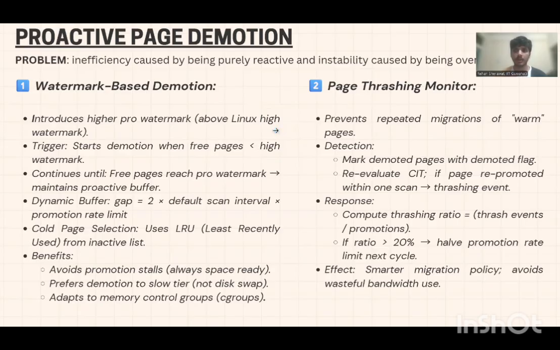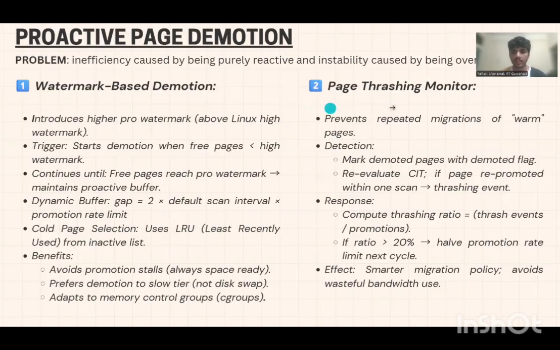When the memory is full and this high watermark is triggered, the Linux process will try to evacuate as many pages as will bring us to this high watermark. But Chrono's architecture uses an extra dynamic buffer, which means a larger number of pages are evacuated, and that depends upon the default scan interval and the promotion rate limit. Now, these cold pages that are selected to demote are chosen based upon an LRU strategy.